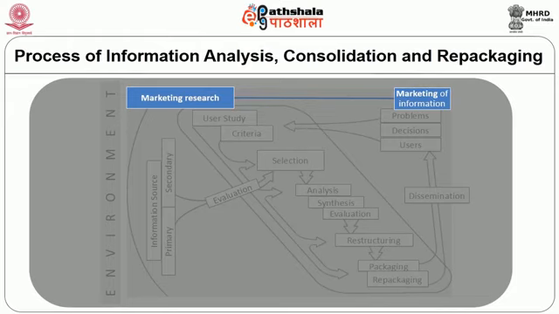It is a cumulative set of activities aimed at fulfilling information needs. Marketing research is done, which involves the analysis of user groups, identification of characteristic needs, wants, similarities, constraints and economics.